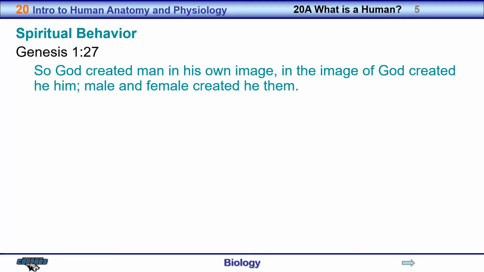So fallen man still has a remnant of the moral nature in his conscience. In other words, even the Bible says that we have this innate ability to sense right and wrong, and that informs a person's sense of what to do and what not to do.